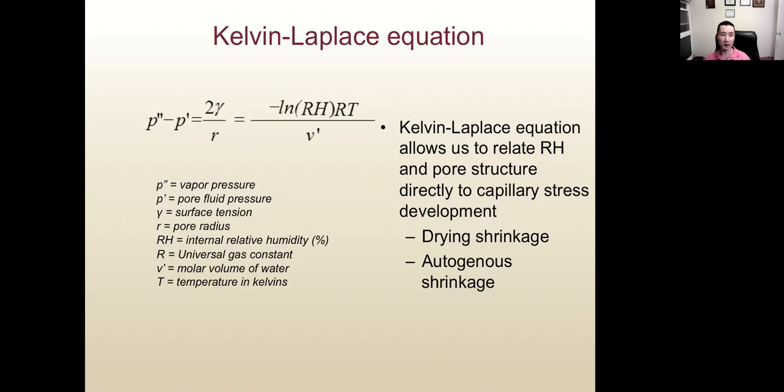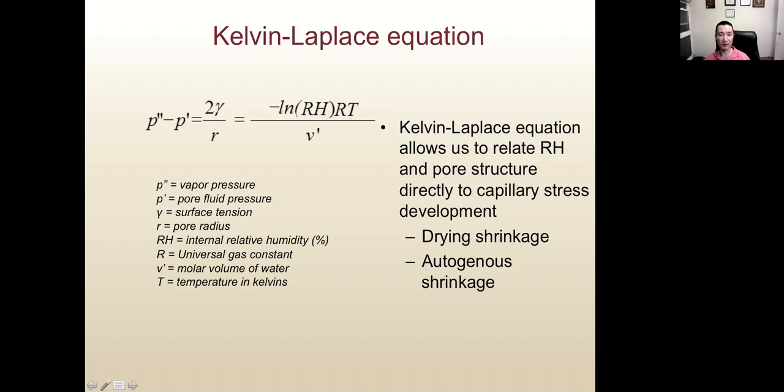Gamma here is surface tension of the pore solution. r here is pore radius. RH is internal relative humidity. R is a constant, the universal gas constant. And T is temperature in kelvins. And V prime is molar volume of water.